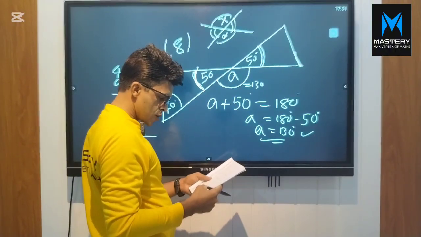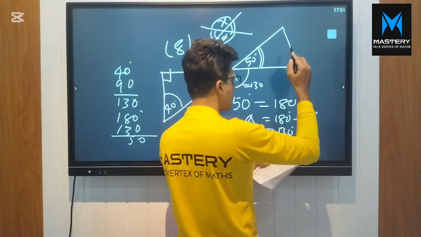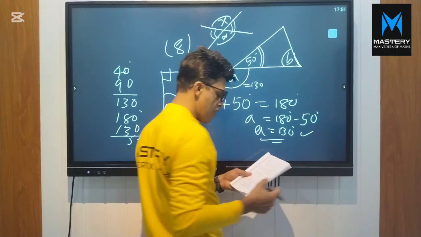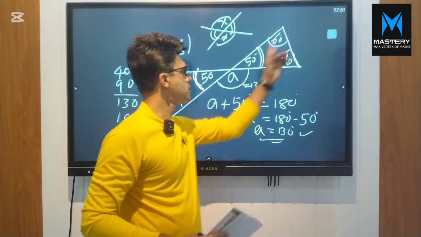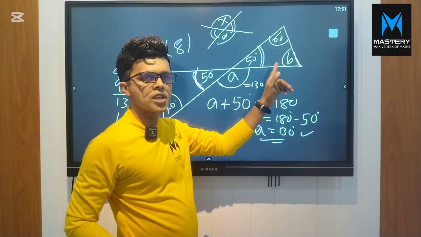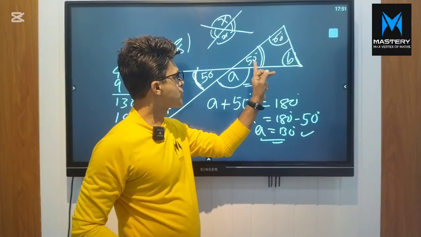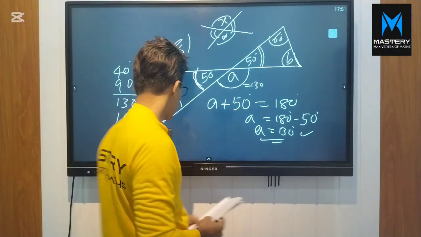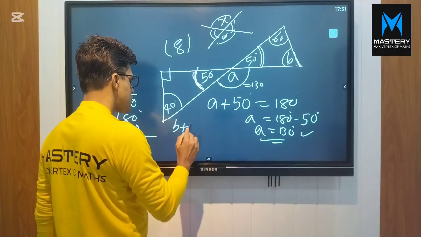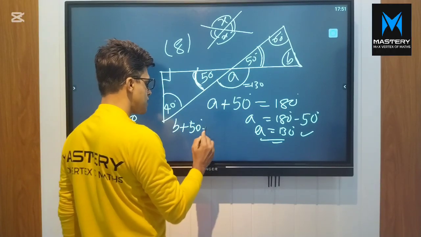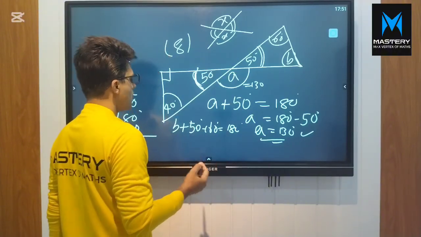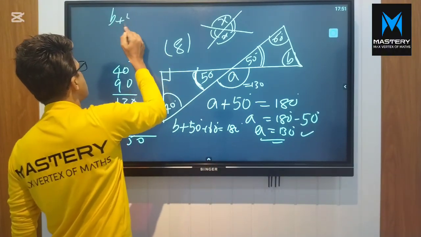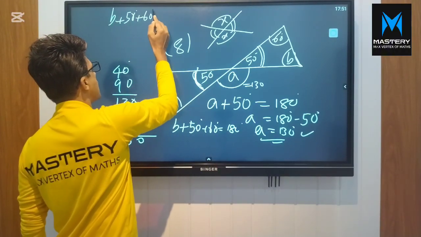You know about it. So the next one, here the term b has been given, and here 60. Now you could consider this triangle and set up an equation: b plus 50 plus 60 equals 180 degrees.